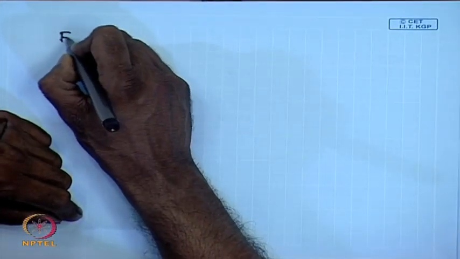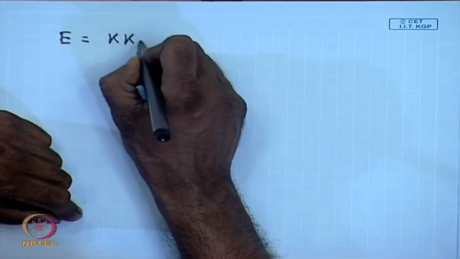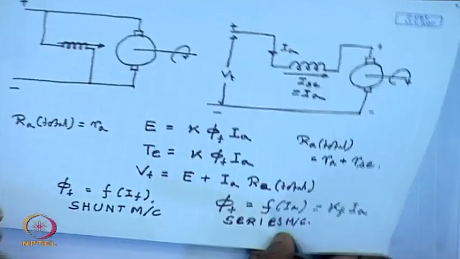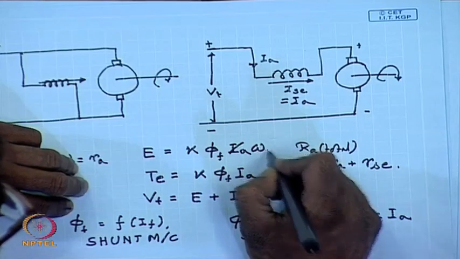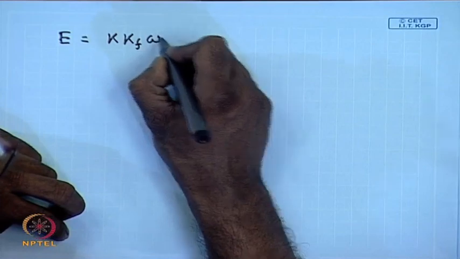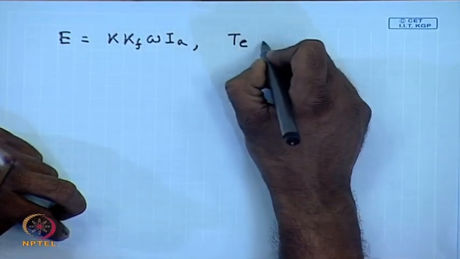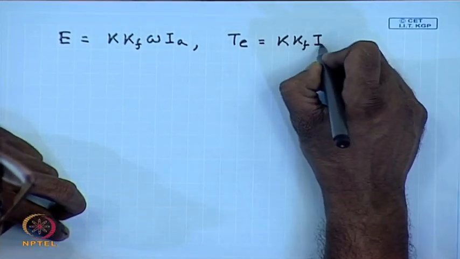In this case, the induced EMF E becomes K k_f omega I_A, and torque becomes K k_f I_A square.